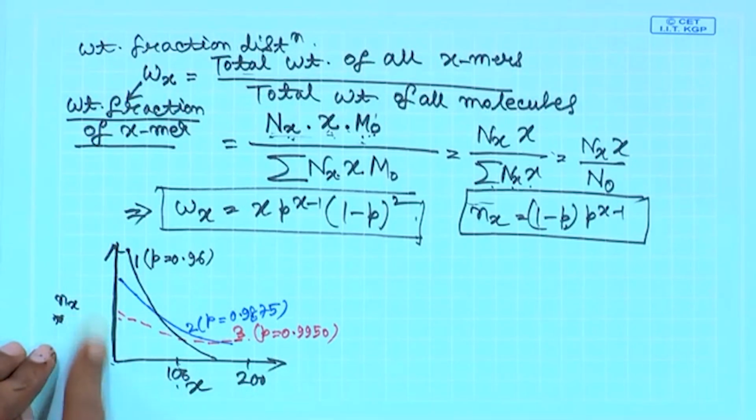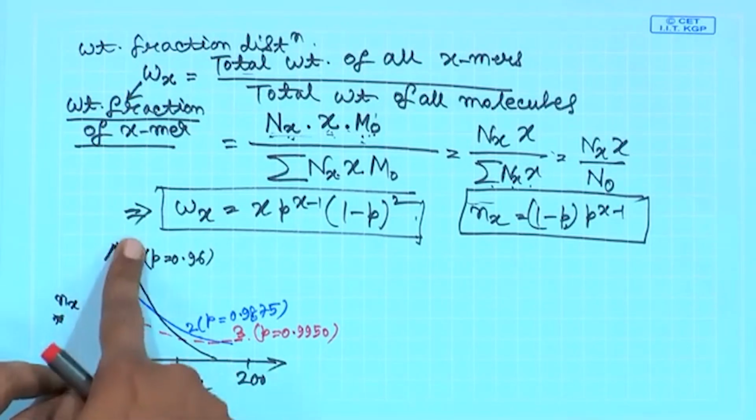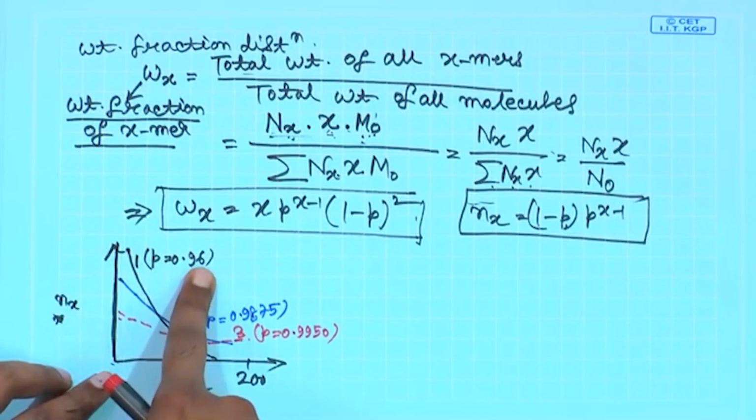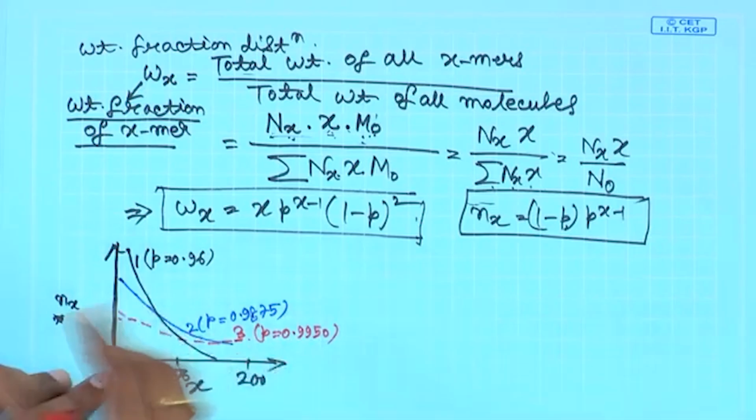And this number fraction corresponds to the degree of polymerization here. This graph tells you, say for example, the graph 1, that at 96% of conversion, this is the number fraction distribution of different oligomers or polymers, everything.